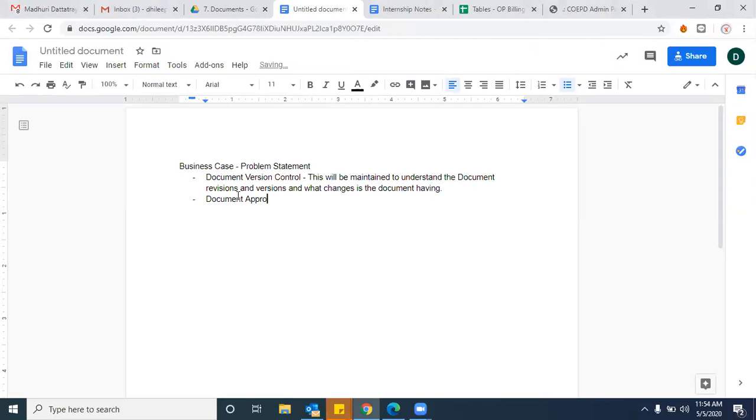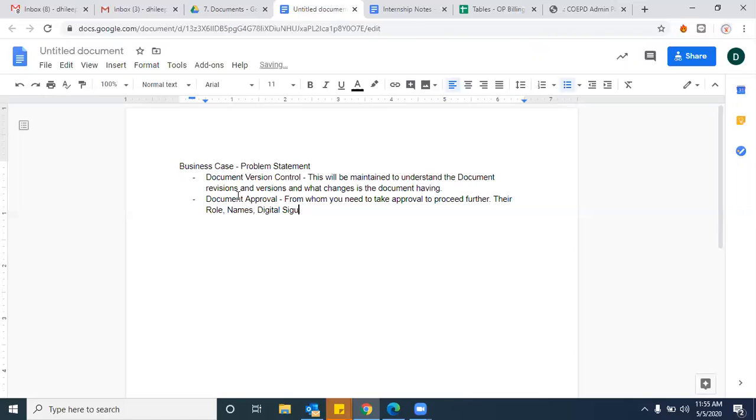And the second one is document approvals. This approval is nothing but from whom you need to take approval to proceed further: their roles, names, digital signatures, right or wrong?